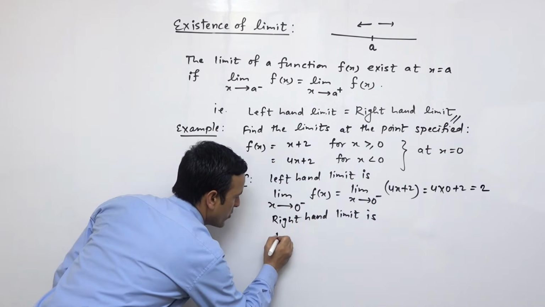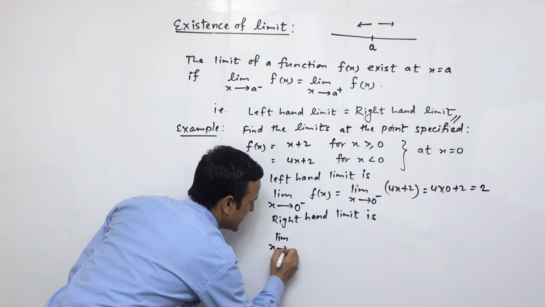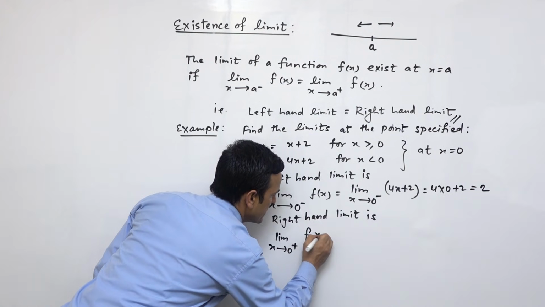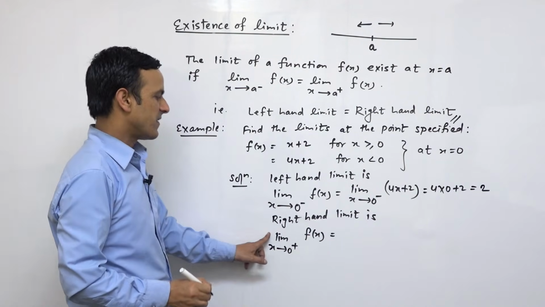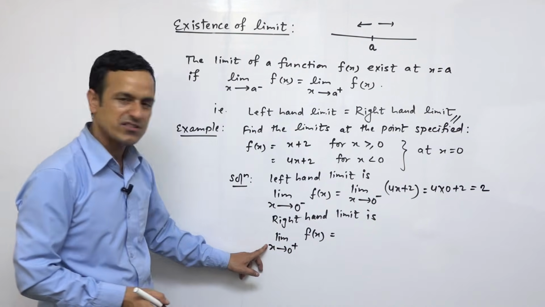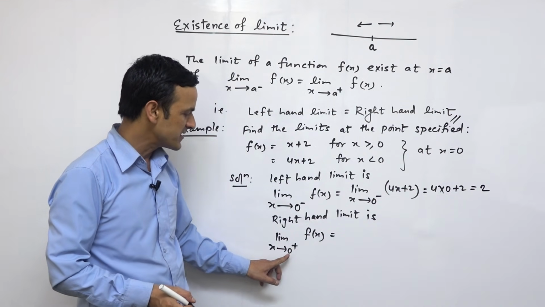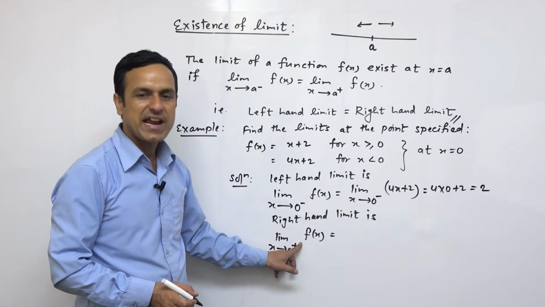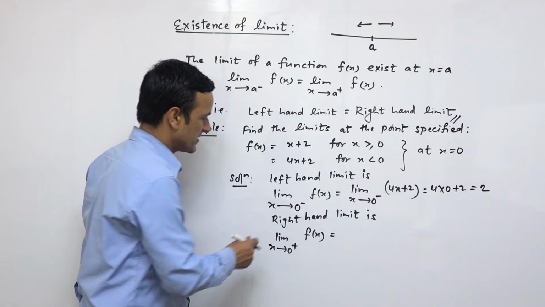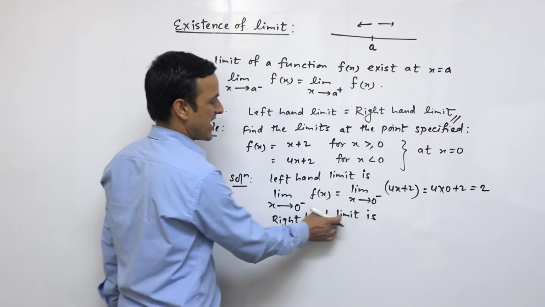So similarly, right hand limit, find out right hand limit. So now we are going to find right hand limit, 0 plus f(x). So limit of the function when x tends to 0 plus means from right side, right hand limit. This is the symbol of right hand limit.